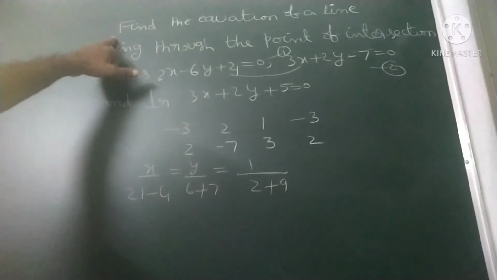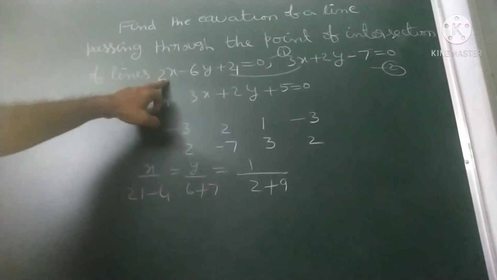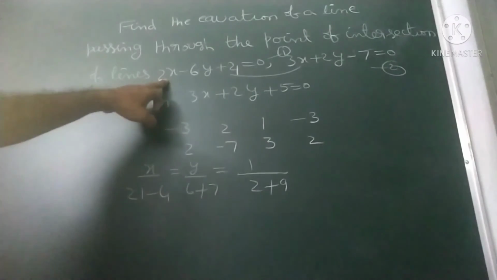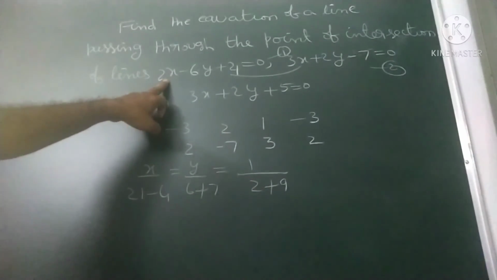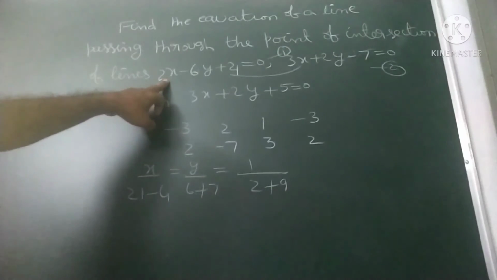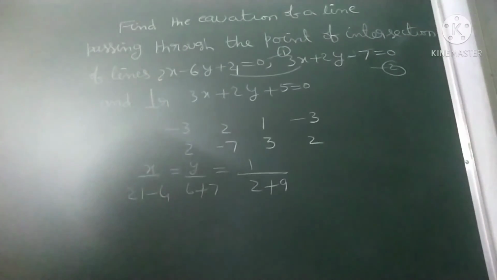Find the equation of the line passing through the point of intersection of the lines 2x minus 6y plus 4 is equal to 0, 3x plus 2y.